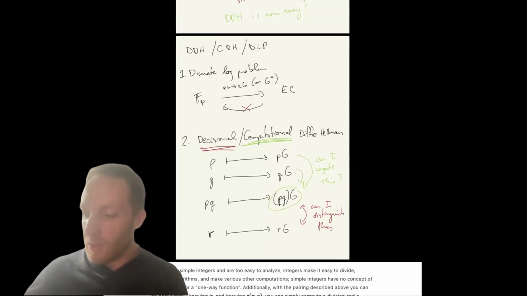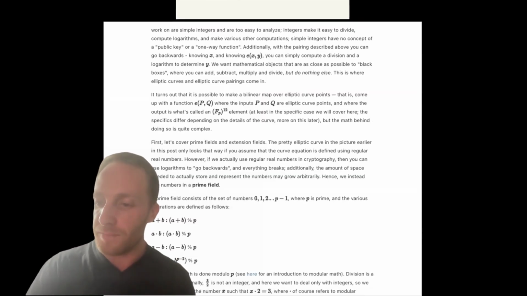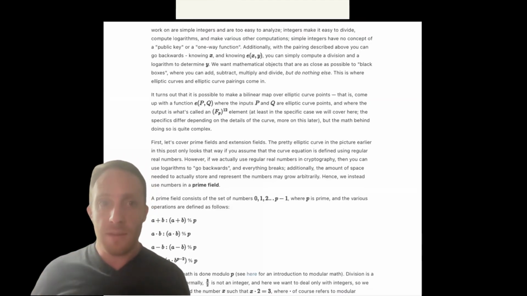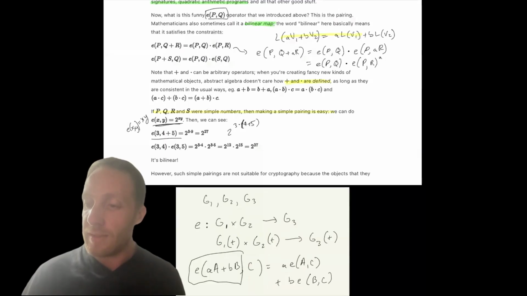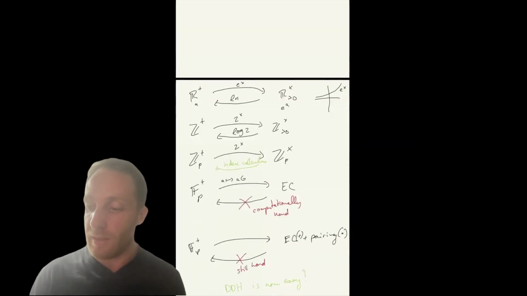So now let's keep going. Okay, now we're going back. We've done a big detour into basic cryptography. I hope it was useful. But now we're back to Vitalik, where he's saying to work on simple integers. We're back to when he was talking about the simple pairing and how it's broken, which was what we were going through.